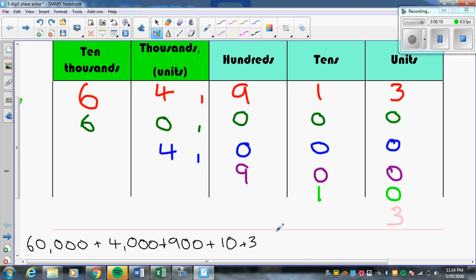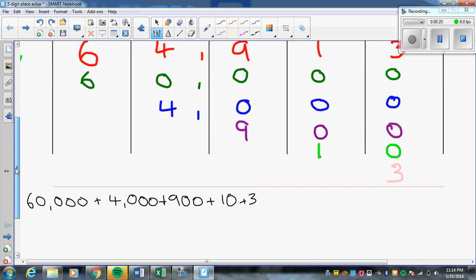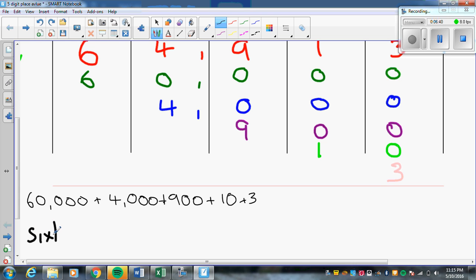64,913. Okay, the other way that we could write this number is in words. So what we need to think about is how many tens of thousands, how many thousands, how many hundreds, how many tens, and how many ones. So writing this out in words would be 64,000.